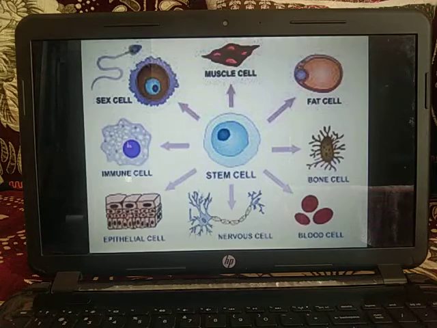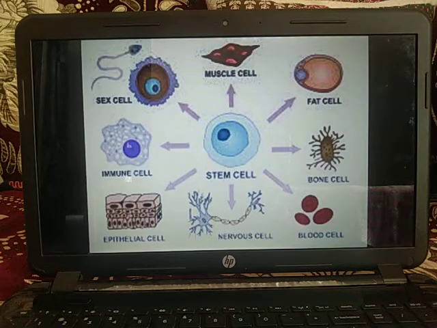It has a volume of 1.4 into 10 to the power 6 micrometer cubed, which is 0.1 million times that of the human sperm, that is 1.7 into 10 to the power 1 micrometer cubed. So it is 0.1 million times that of the human sperm.